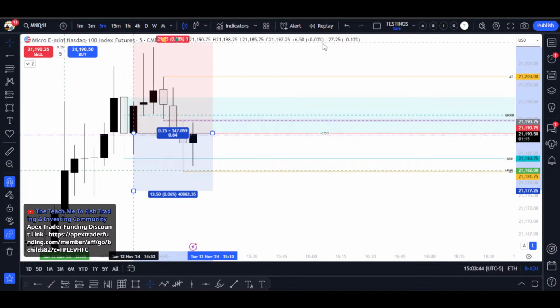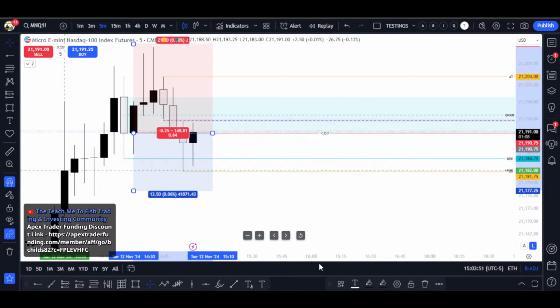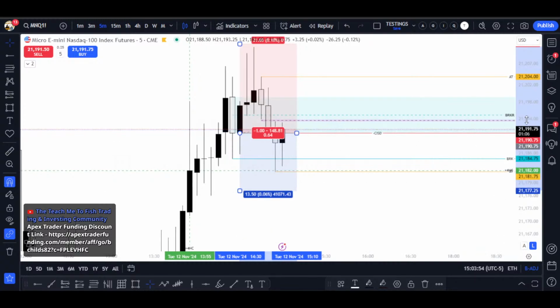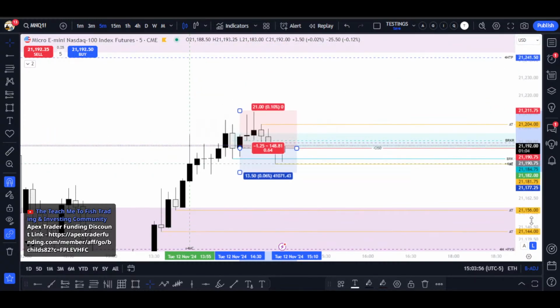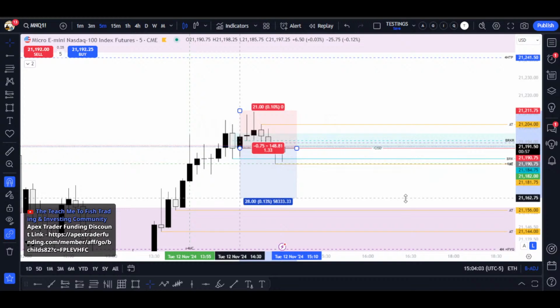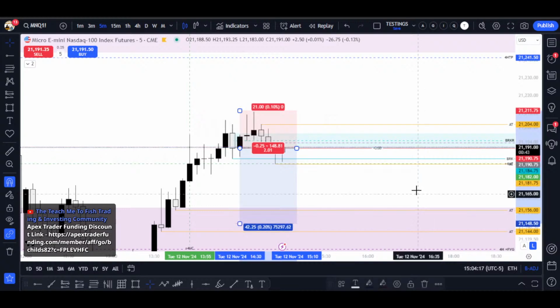Stop loss, my stop loss would go just above here, and I would probably target, what you can do, 2R, or you can do structure. Does it want to give me two? And we'll do 2.5.